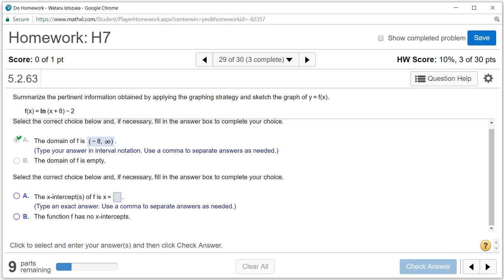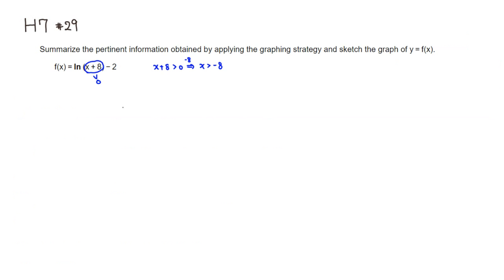If you want to find the x-intercept, we set this equal to 0. So I'm going to add 2 to both sides. We have natural log of x plus 8 equal to 2.